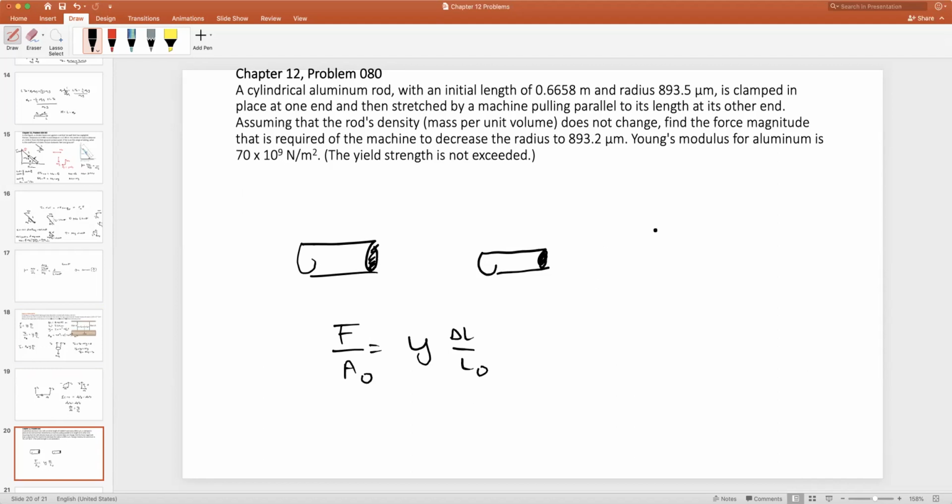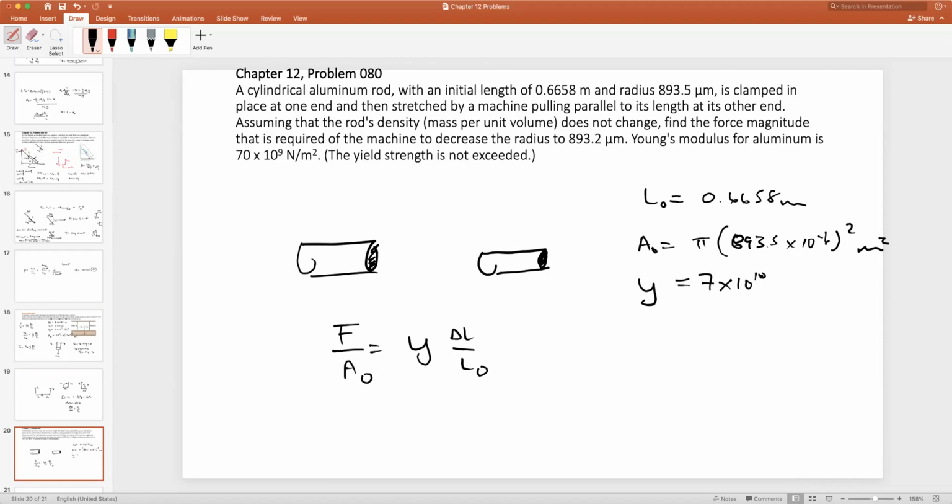We were given that the original length was 0.6658 meters. And we're given that the original area would be pi times 893.5 times 10 to the minus 6 squared meters squared. We're given Young's modulus, 7 times 10 to the 10th newtons per meter squared. What we're not given, since we're trying to find F, is our change in length.